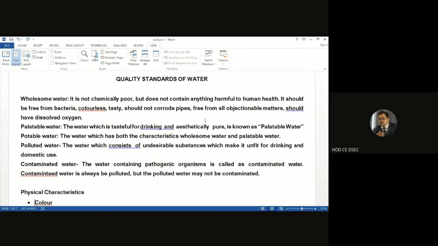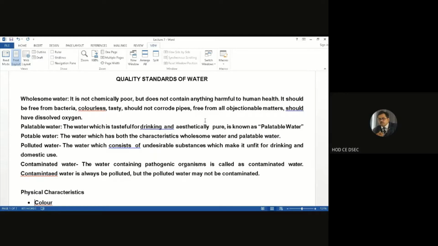Now, what is potable water? The water which has the characteristics of both wholesome water and palatable water. That is what we usually use as our drinking water. So again, the potable water, basically we are taking it as our drinking water. Why? Because it is aesthetically pure as well as tasteful.